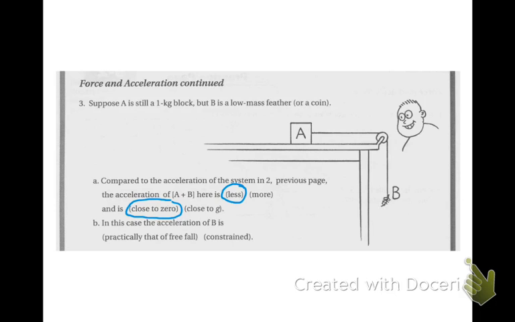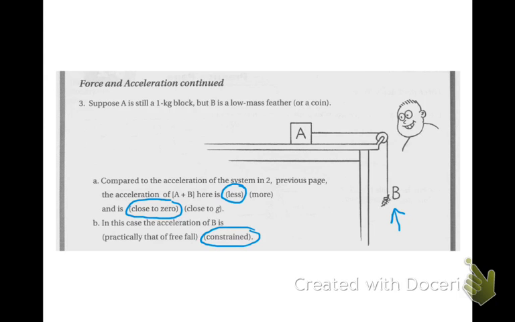In this case, the acceleration of B is practically that of free fall, or when we say constrained, close to 0. And this is all because the mass of B is so tiny that the acceleration here is going to be far less than the acceleration it experienced on the previous page.